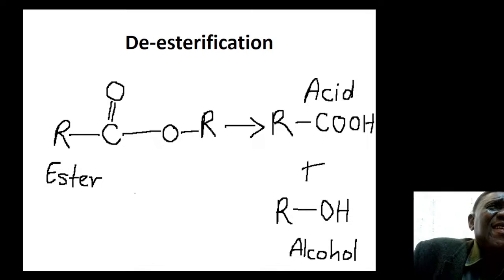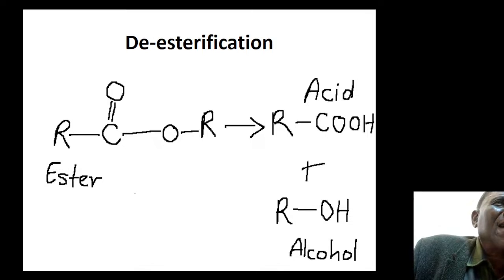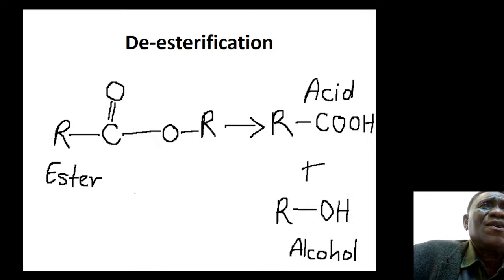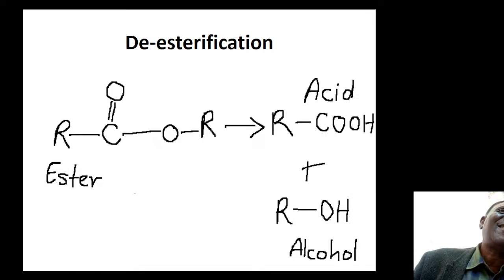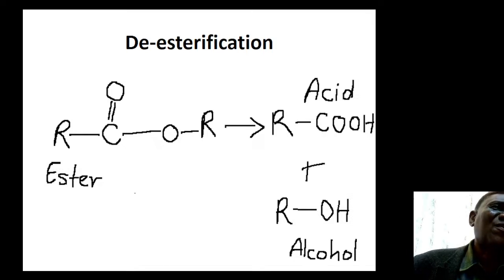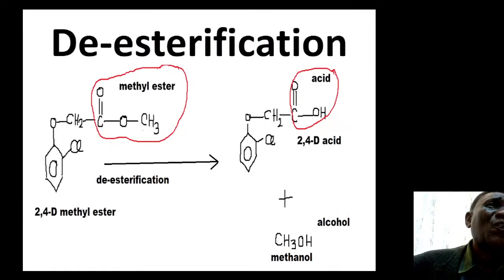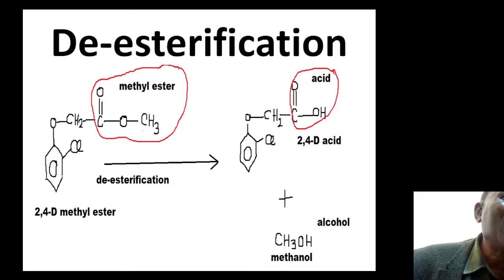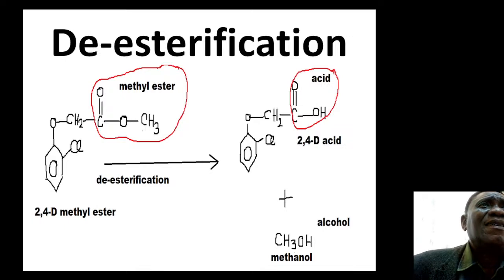Well, that is the chemical representation of an ester, which can split into an acid and an alcohol. Here we have the 2,4-D methyl ester, which can be split into 2,4-D acid and alcohol.